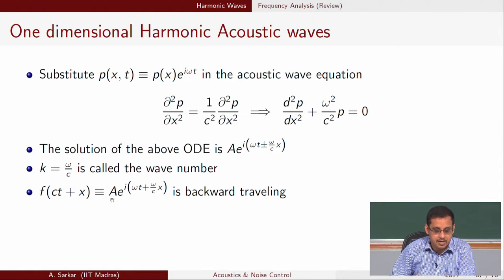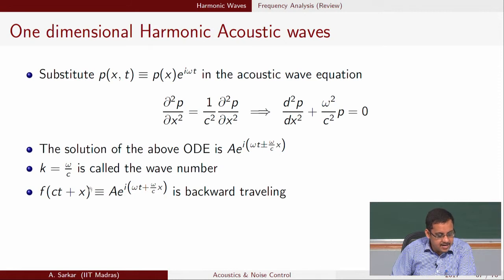It does not depend on time or space or frequency or anything. It is merely a constant whose value has to be determined, multiplied by a complex exponential, but the argument of the complex exponential has got to be exactly c t plus x. Omega t plus omega by c x or omega t plus k x for that matter does not make any difference.